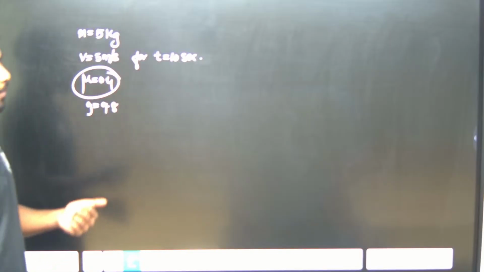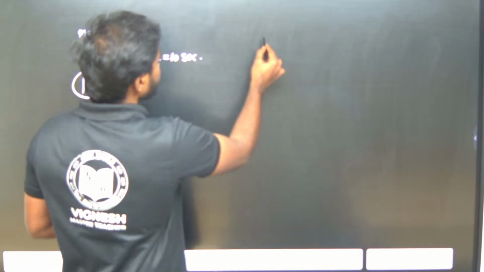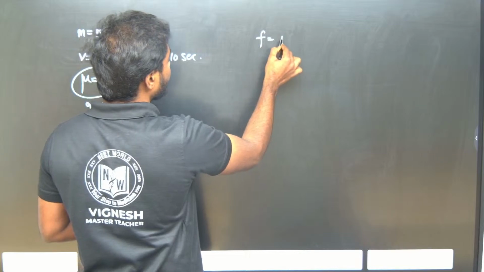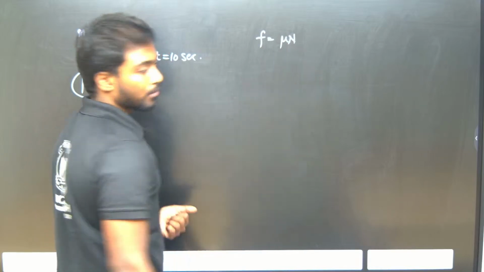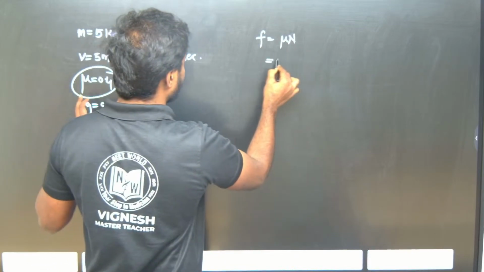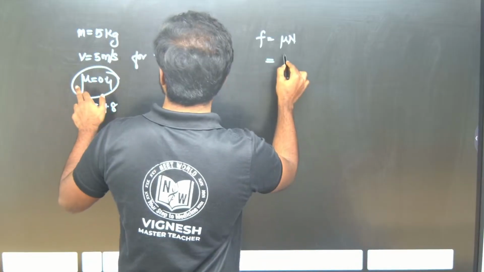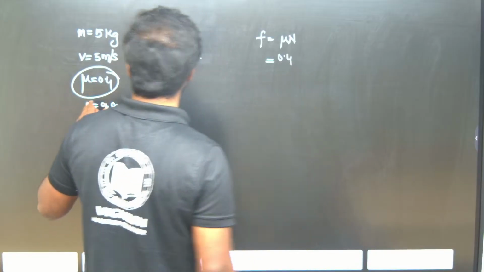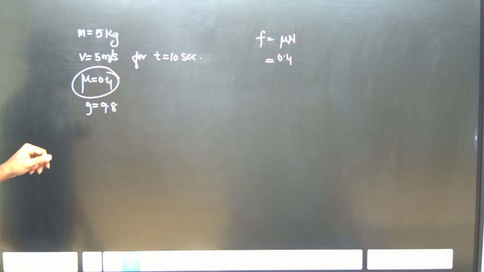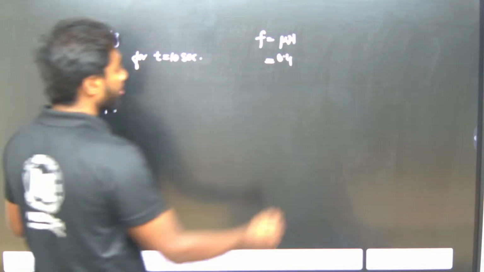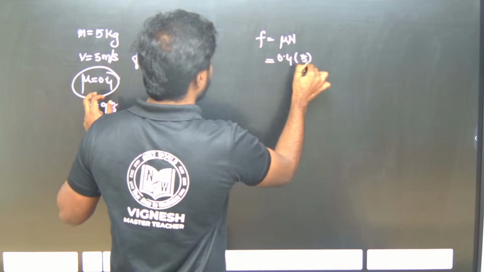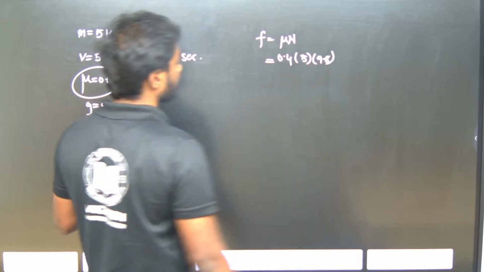What is the formula? Friction is nothing but mu into N. Force F equals mu, which is 0.4, times N. N is nothing but mg, so mass is 5 and g is 9.8.